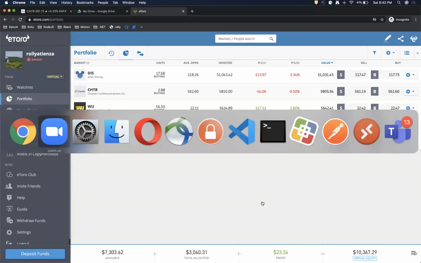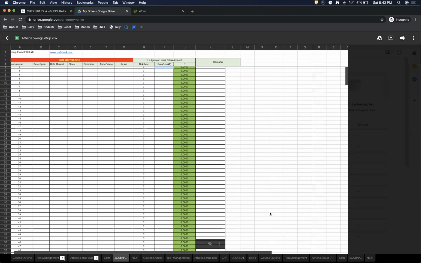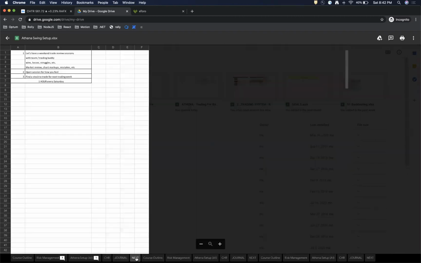what we can do is, asan ba yung kodigo ko? Next. So sa next is pwede tayong mag trade review during weekend. Okay?